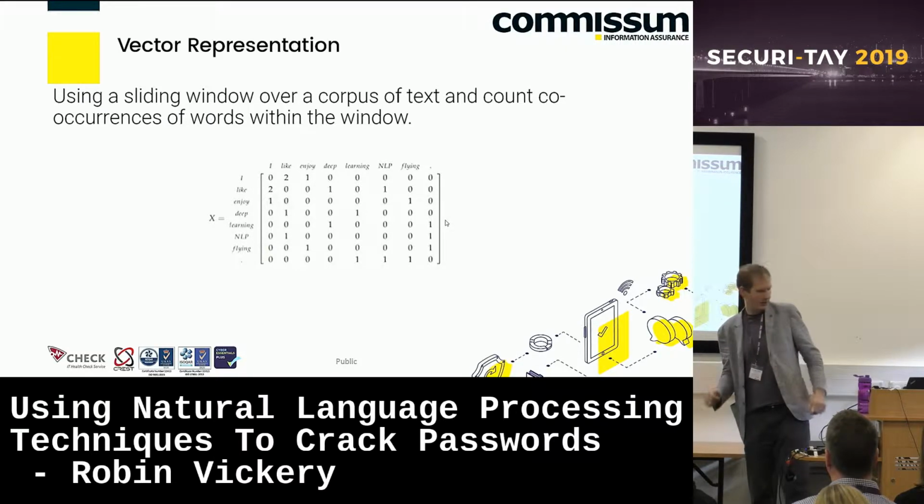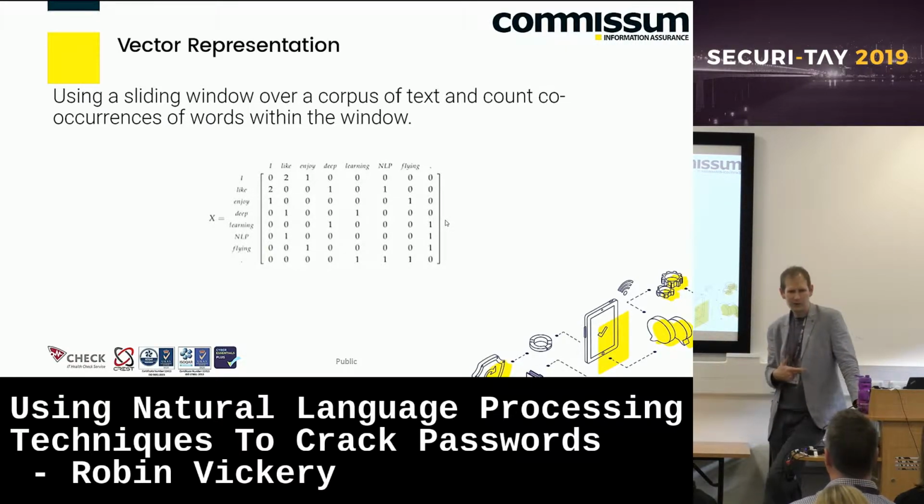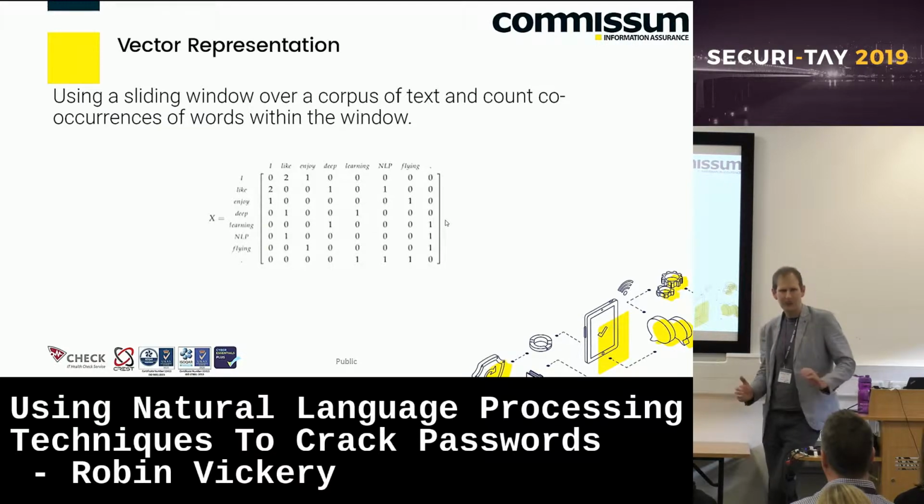And then you build up a matrix of those occurrences, and then you end up with a massive model that describes all the words. You then compress that down, getting rid of all the words which aren't related to any other words, and you end up with a smaller but still quite hefty model.